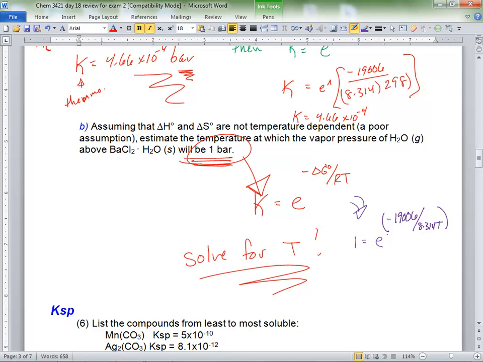T equals 0. Yeah, I think it is 0. 1 bar. Estimate the temperature, which would be 1 bar.